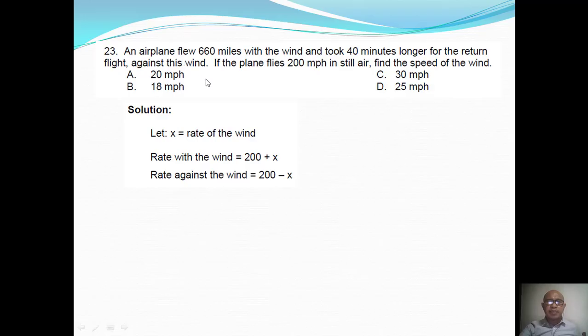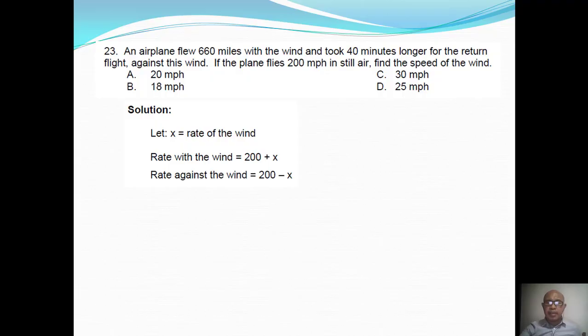So as stated, the airplane traveled 660 miles with the wind and took 40 minutes longer for the return flight. That means the time of travel for the airplane against the wind is 40 minutes longer than the time for the airplane to travel 660 miles with the wind.